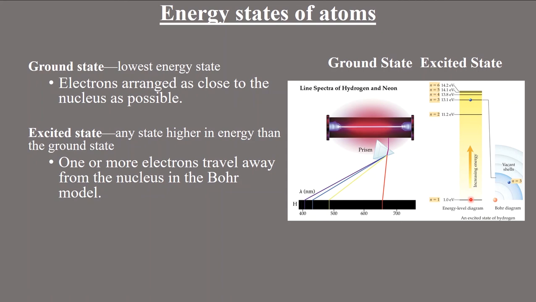Similar to that, there are many possibilities for excited states, and there are many possibilities for the relaxed states as well. Once we have the electron in the third shell, like in this example, it is possible that this electron can drop right back to the first shell after releasing 12.1 electron volt energy, or it can drop back to just the second shell after releasing 1.9 electron volt energy.